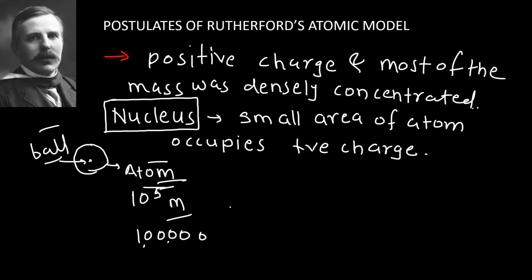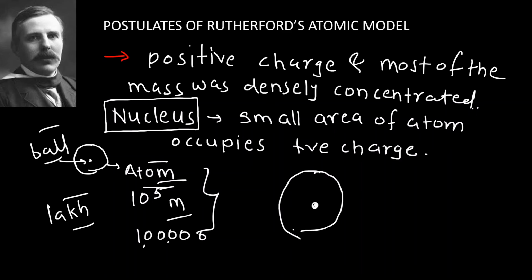That is, the atom is almost 1 lakh times bigger than its nucleus. He concluded this from the alpha particles, the majority of which passed through the gold foil directly. From this he concluded that the majority of the space in an atom is empty, because of which the alpha particles directly passed.